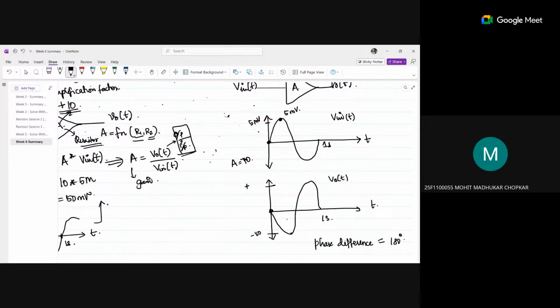See, this is a sine wave. At pi by 2, it will be 1. At pi, it will be 0. Then at 2 pi, it will be 0. At 180, it is going down, right?